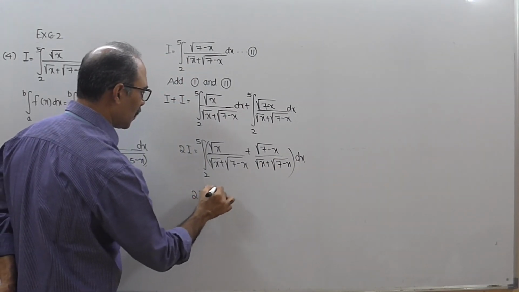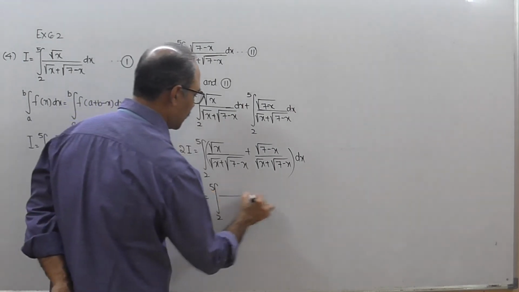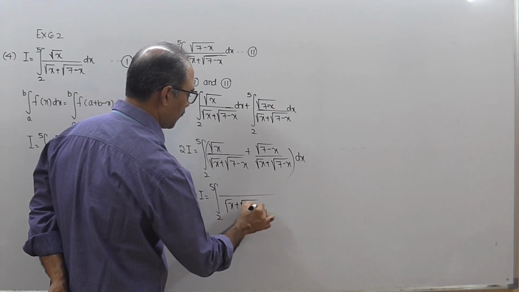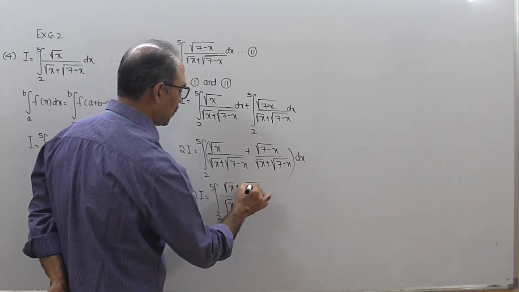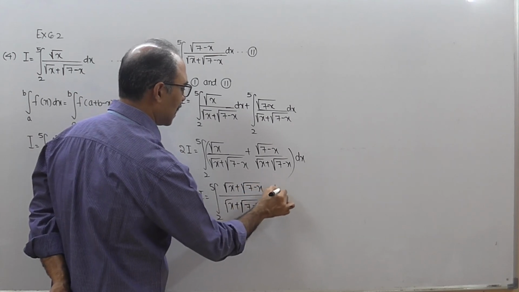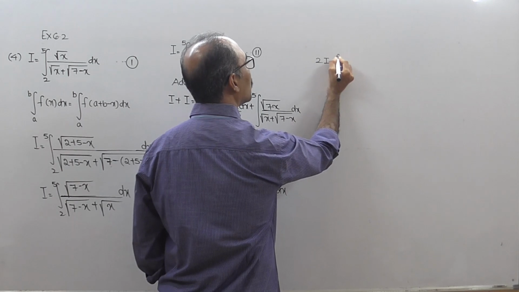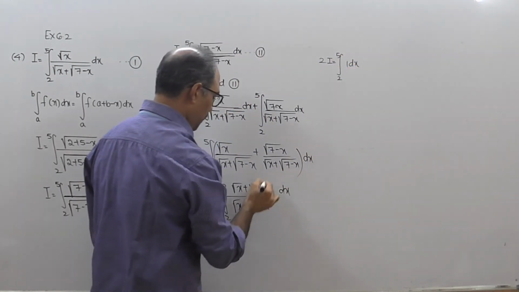So you get 2I equal to, this is 2 to 5, denominator same है, so you get root x plus root 7 minus x, ऊपर भी आएगा root x plus root 7 minus x and dx. So you get 2I equal to integration 2 to 5, ये 1 dx हो जाएगा because ये कट हो जाएगा.